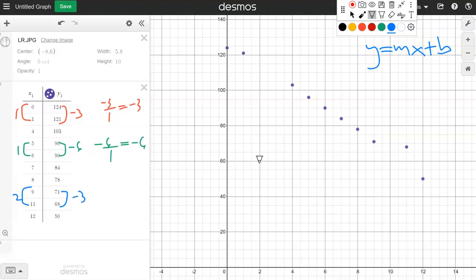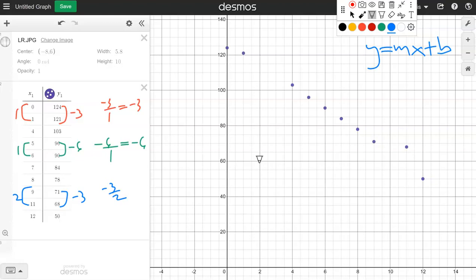This one is 2. So this is negative 3 over 2. And they are not all the same. So they don't have the same slope. So this is not linear. Okay, so that's another way how to check from the table that it is not linear. They don't have the same slope.